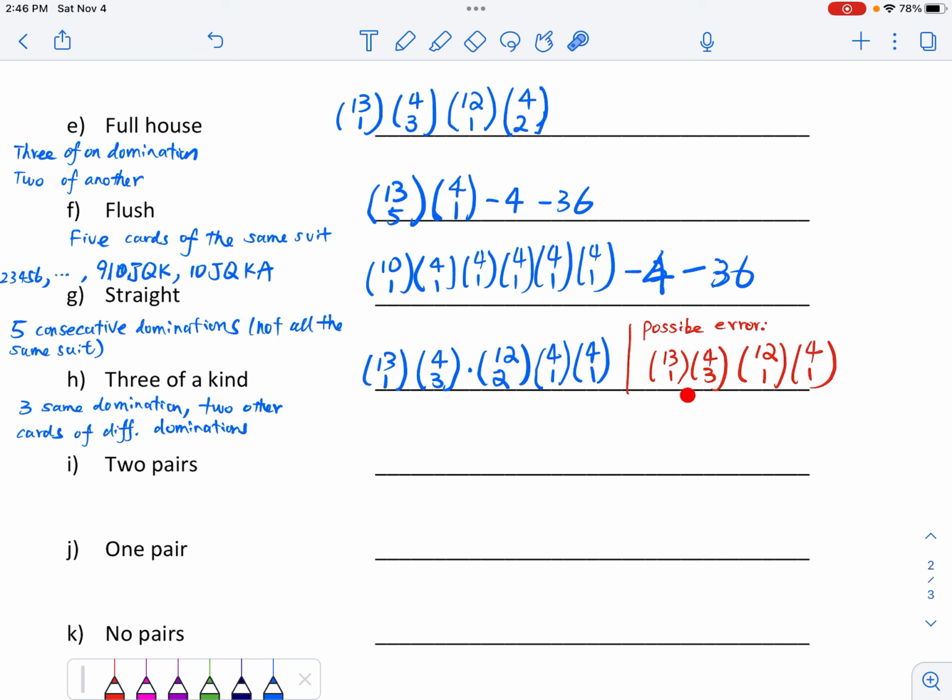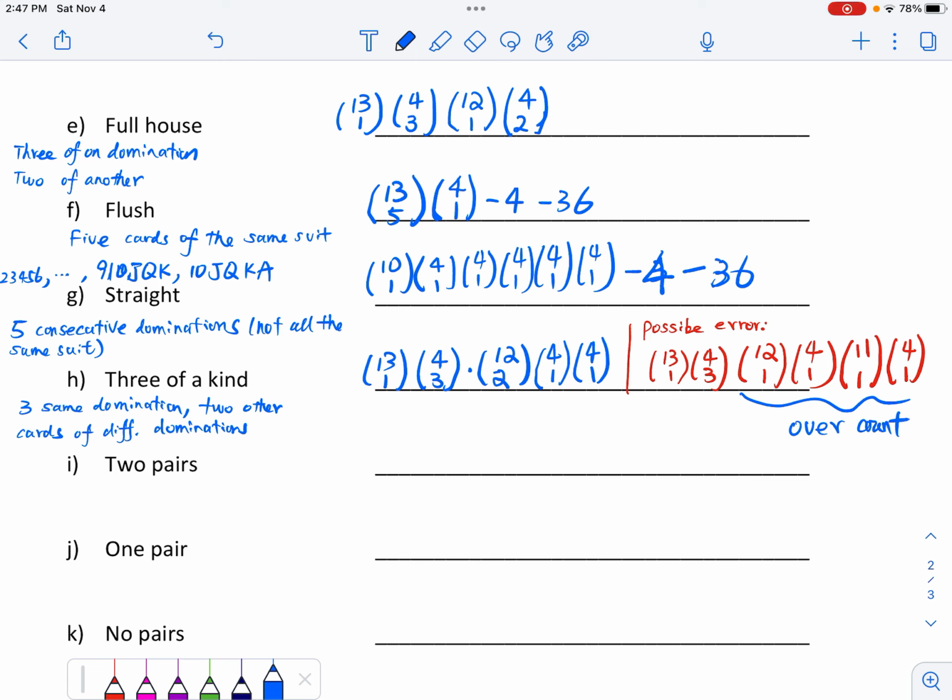Basically there were 3 cards already, so this is the 4th one. So they think that the 4th one will be from one of the denominations from the remaining 12, and then pick 1 card out of the 4 cards, and then for the very last one you have only 11 denominations now, so pick 1 out of it and then times 4 choose 1. Now the problem is this will lead to overcount.